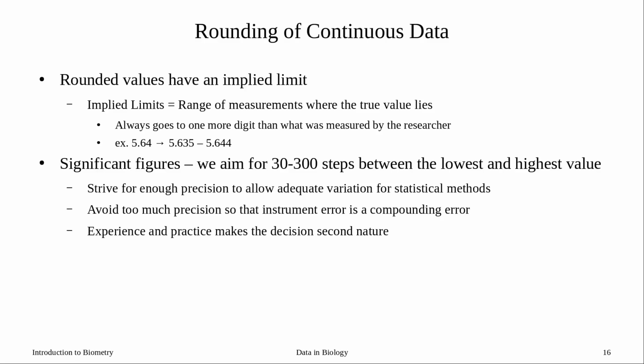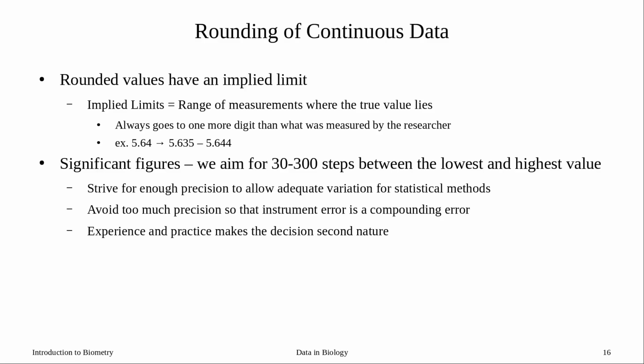Now, how should we round? At what digit should we round? Well, that comes down to significant figures, and for significant figures we're not going to be as stringent as chemistry is, because chemistry relies a lot on this implied limits idea, and really with the limits the precision of the instrumentation that they use. For us, it all comes down to how many steps we have from our largest value to the smallest value.